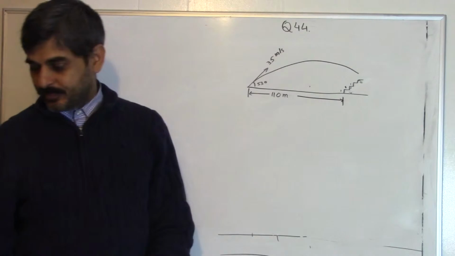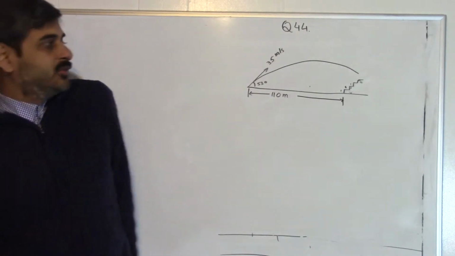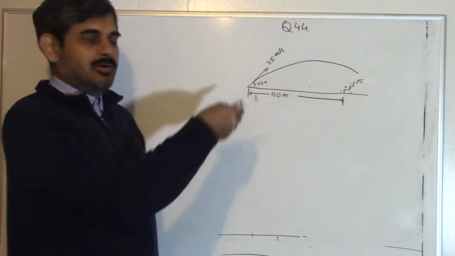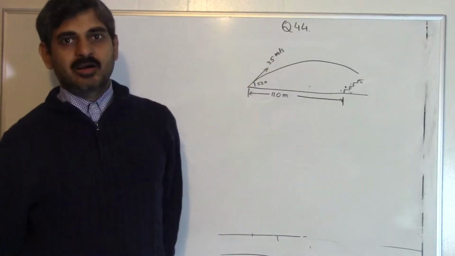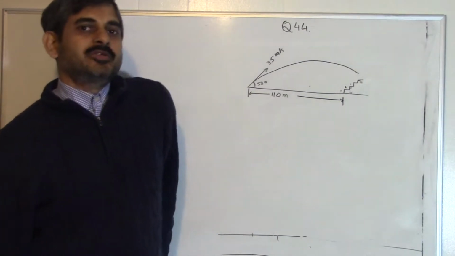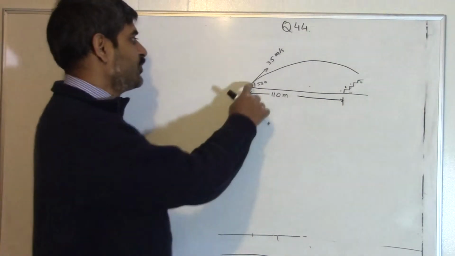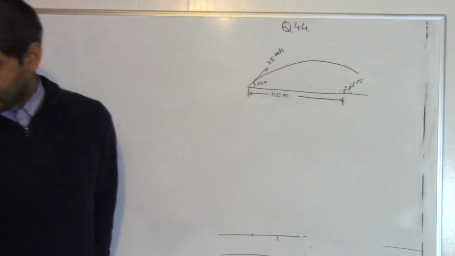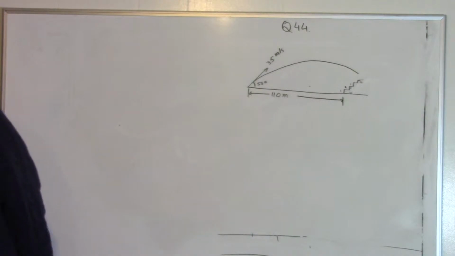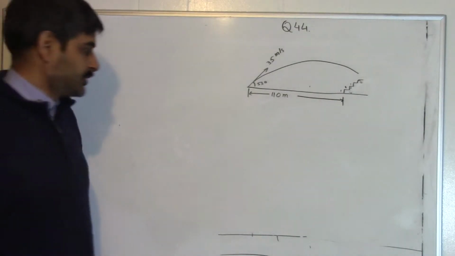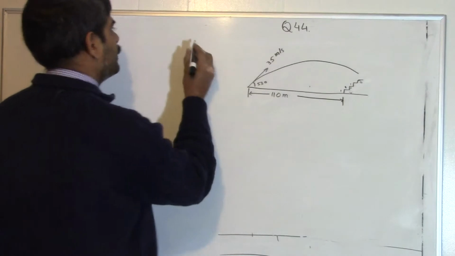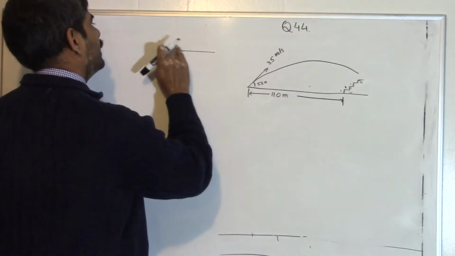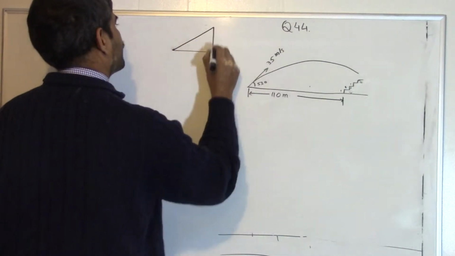So the first thing we need to do is resolve this velocity in horizontal and vertical components. One thing you must remember in all physics problems is the values for the 53-degree angle. Anytime you are given angles like 53 degree or 37 degree, they have a very specific value.